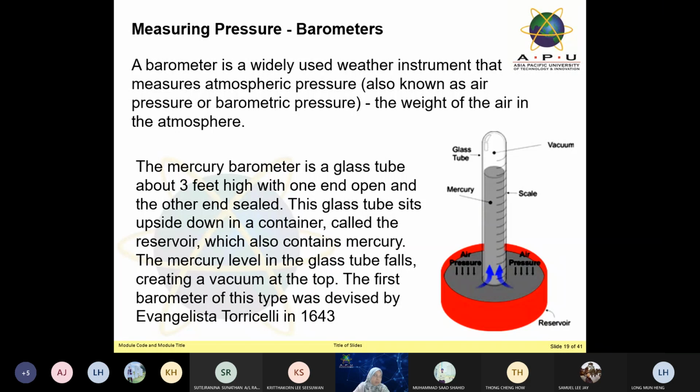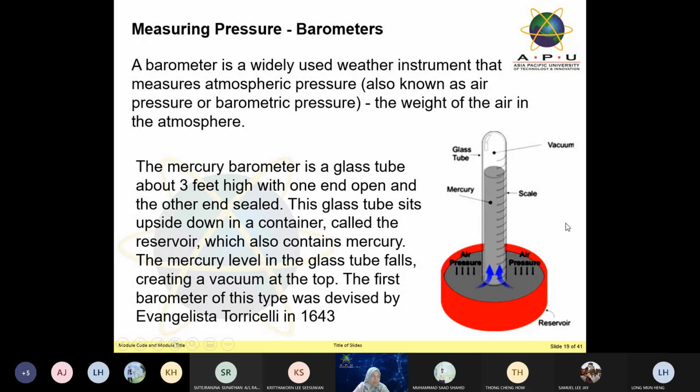Okay, which looks like this diagram here. About 3 feet in height with one end open and the other end sealed. So when sealed here, you will have a vacuum area here.